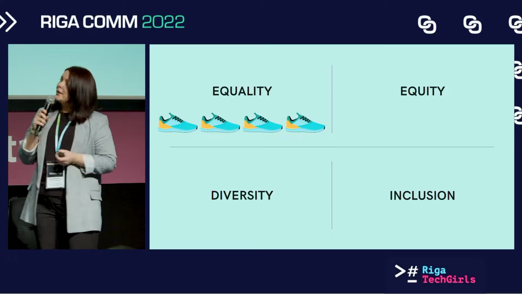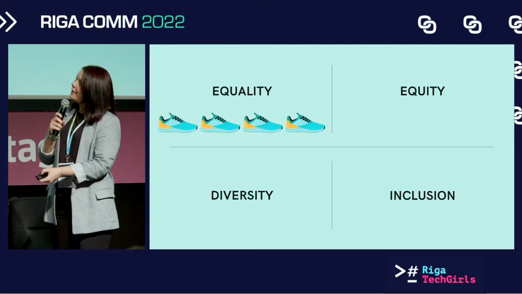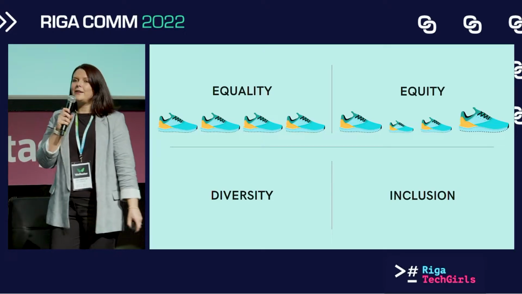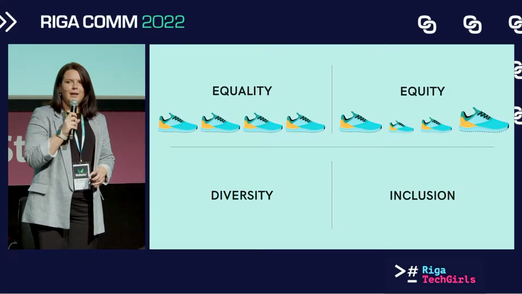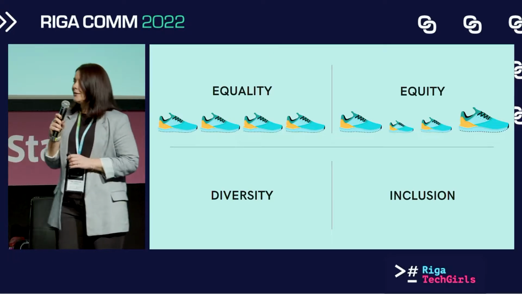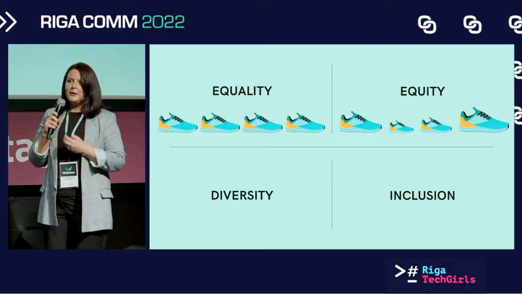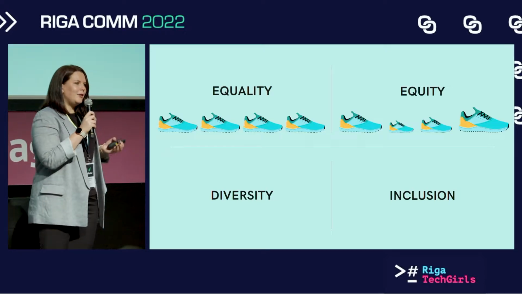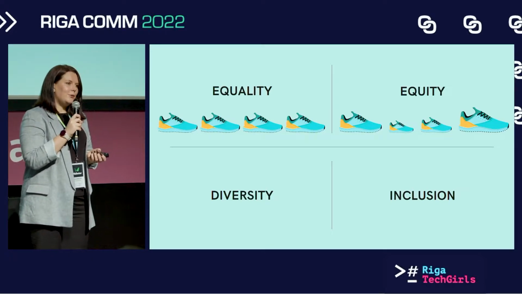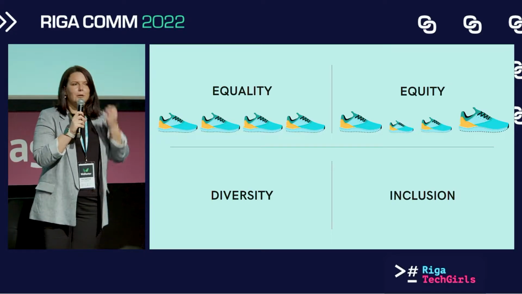What is really interesting is that equity focuses on the fact that each of us should get a pair of shoes that actually fit us. And that's the biggest difference. You might get everyone something, but whether that will fit, and whether the best professional in your company will be able to fill the shoes that you are giving them, that is a really good question. So that's why E usually stands for equity over equality.